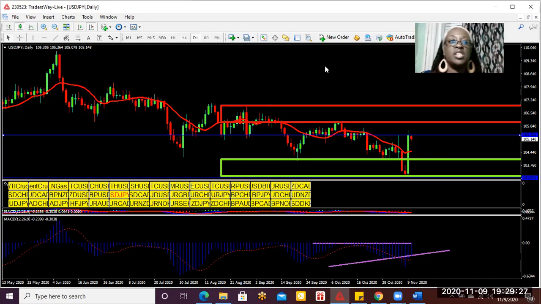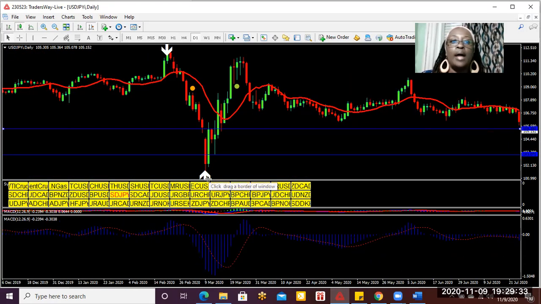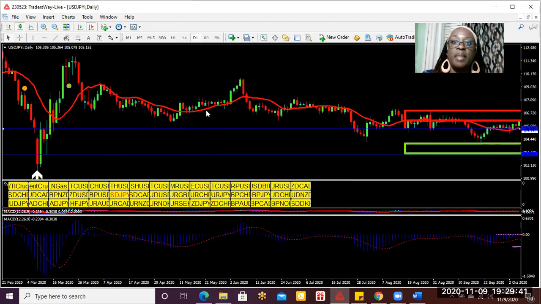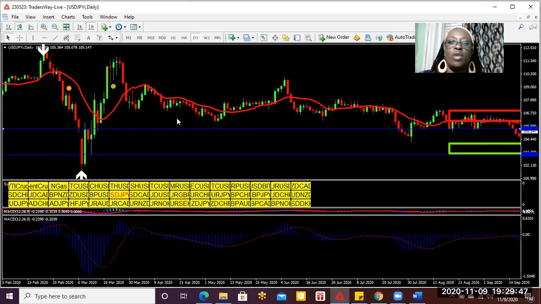So remember, 60% are believing that it's going to be short. Okay, voila. On the daily, the overall trend on the daily is bullish. So the question may be, why do they think it's going to be short, right? Now, they're not looking at necessarily going this far back.